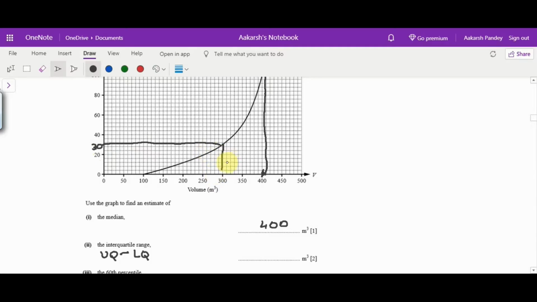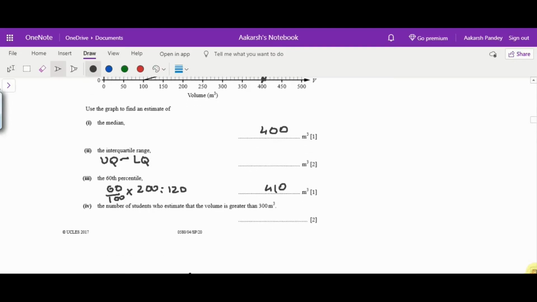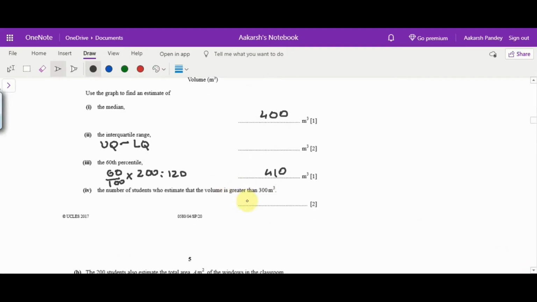I want the students who had estimated more than 300, meaning after 30 each one had given an estimate of greater than 300 meter cube. So my answer will be 200 minus 30, because the first 30 students had given their estimate as less than 300. So my answer will be 170 students.